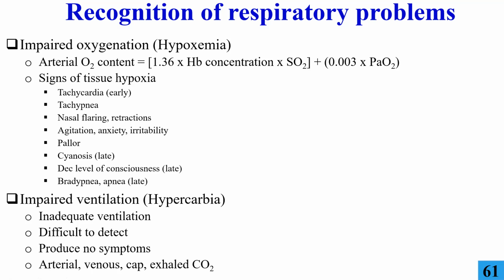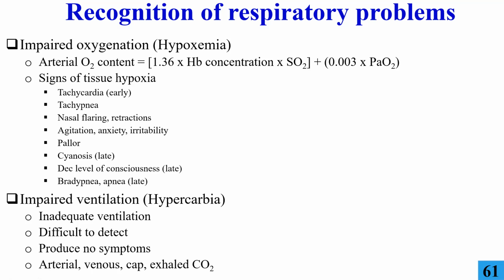Now, impaired ventilation is inadequate ventilation. So whether we have collapse, or obstruction, or a muscle problem, all can cause inability of the air to move in and out, and therefore not washing out CO2 and probably accumulating CO2.